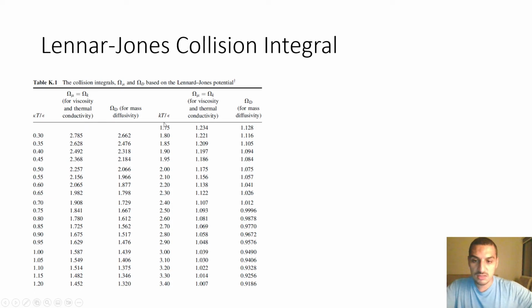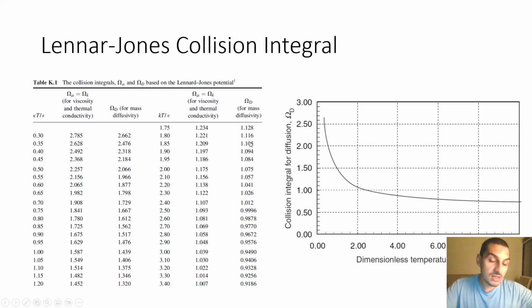The same here. This is the continuation of the same table. You put kappa T over epsilon, and then find the value of omega D. There is another way of representing this data by using this graph, where you have kappa T over epsilon AB on the x-axis, and the y-axis is the collision integral. Just go for any value. Let's say I have 2, then 2 here gives 1.1 to 1.2, something around that, and it says here 1.075.